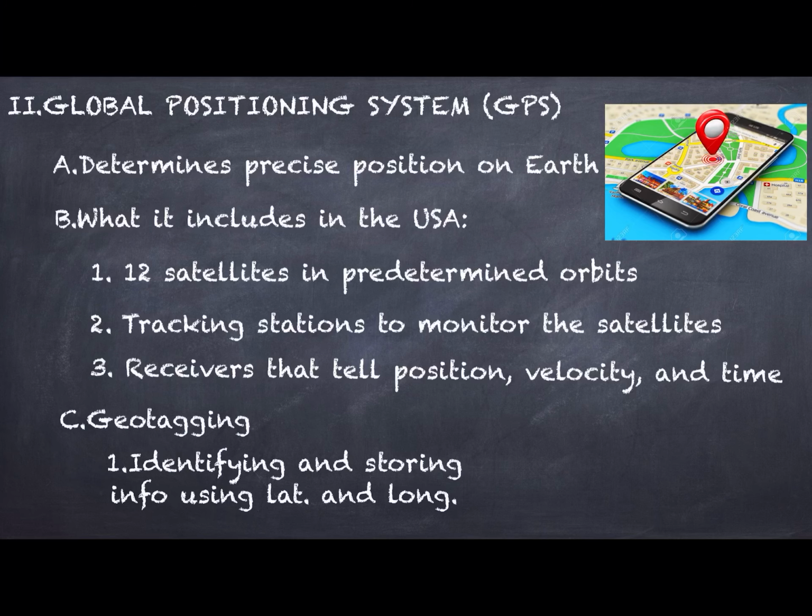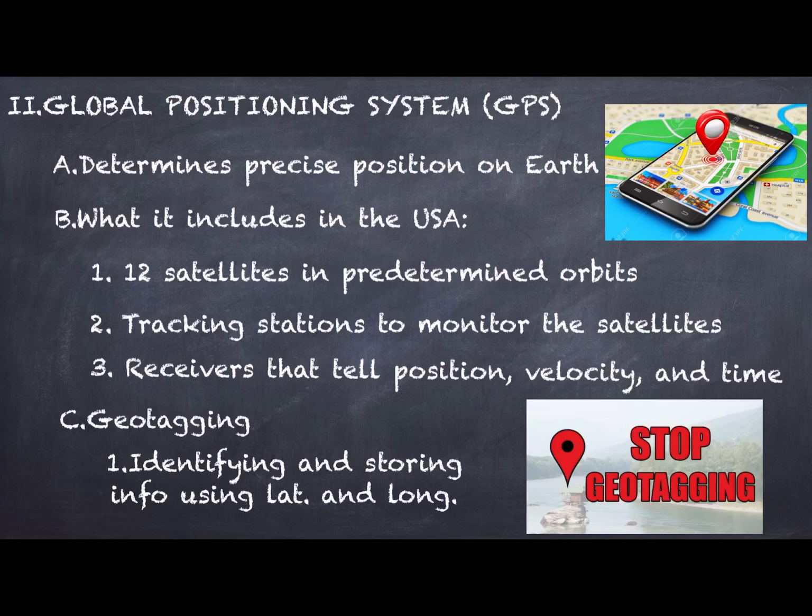Now, a term that's associated with GPS is geotagging. Geotagging is when you identify and store information using GPS by using latitude and longitude. Now, geotagging is a highly controversial subject.